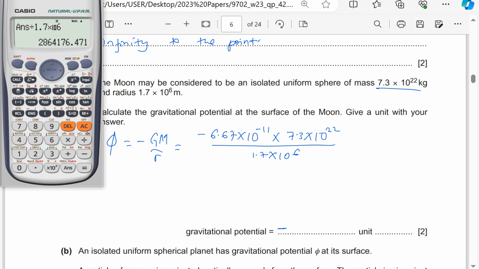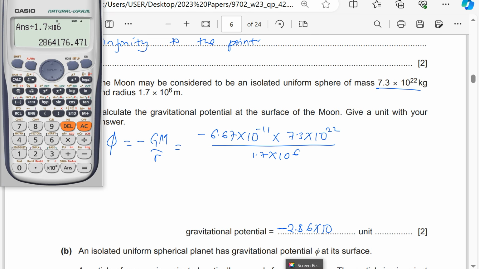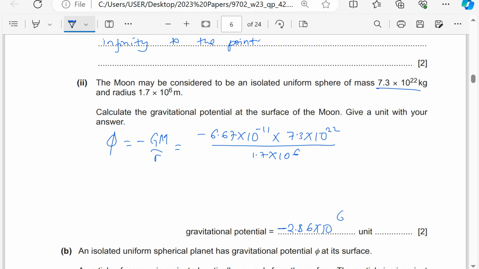So this is giving me 2.86 times 10 to the power of 6. Since gravitational potential is the work done moving a unit mass, it is work, which is joules, per unit mass, that is joules per kilogram. So the answer here is in joules per kilogram.